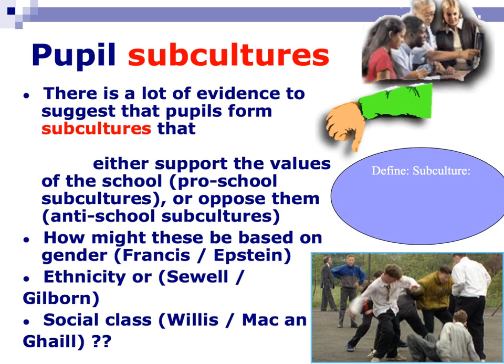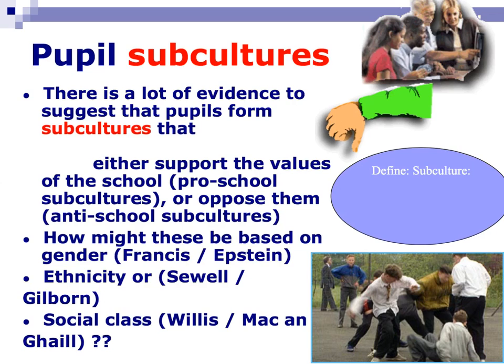The other process that's really important inside schools is pupil subcultures. Before I go on, can you define subculture? There's a lot of evidence to suggest that pupils form subcultures that either support the values of the school, pro-school, or oppose them, anti-school subcultures.